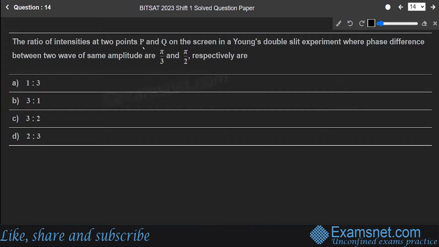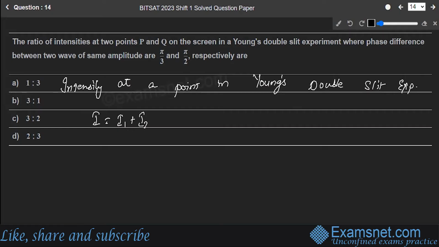The ratio of intensities of the 2 points P and Q on the screen in Young's double slit experiment, where the phase difference between two waves of same amplitude are pi by 3 and pi by 2, that is 60 and 90 degrees respectively. So intensity at a point in Young's double slit experiment is given by this.